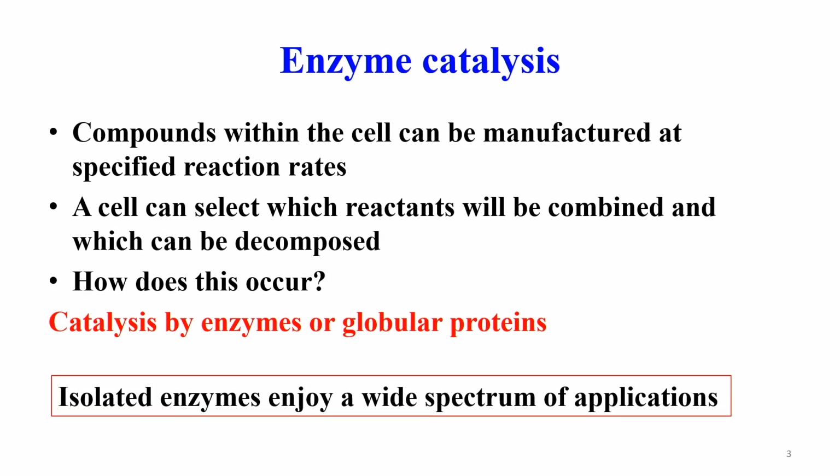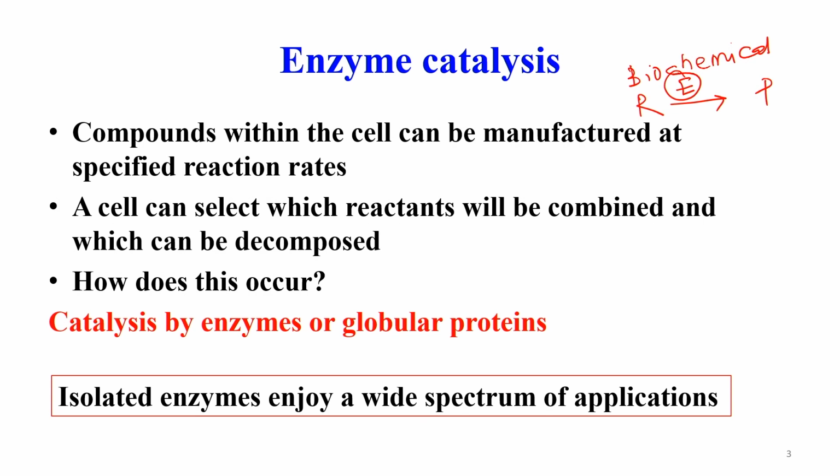So as we know, why we are discussing enzyme catalysts, because if you see all the metabolic pathways, they are all biochemical reactions, and in a biochemical reaction this reactant is converted to product in presence of enzymes. So all are catalyzed by the enzymes.